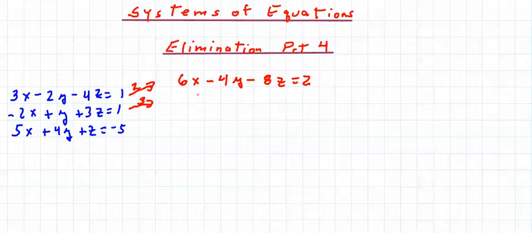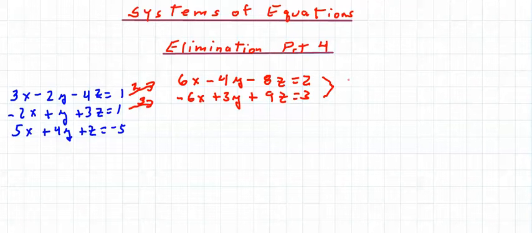And the bottom equation, middle equation, I get minus 6x plus 3y plus 9z equals 3. And now I'm going to add these 2 equations together, and when I add them together, I get no x's, my x's cancel, and I get negative y plus z equals 5.